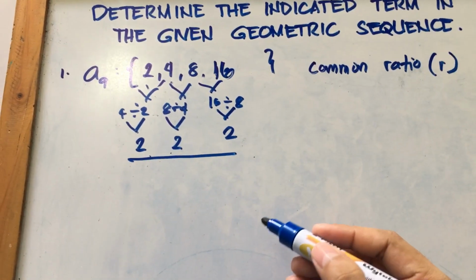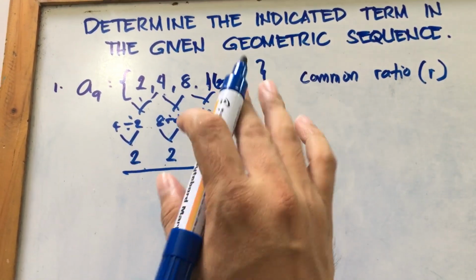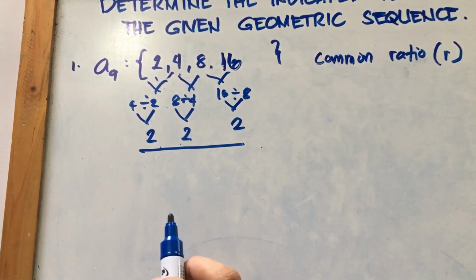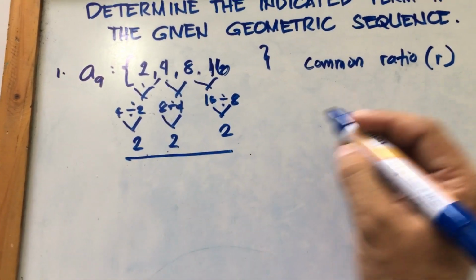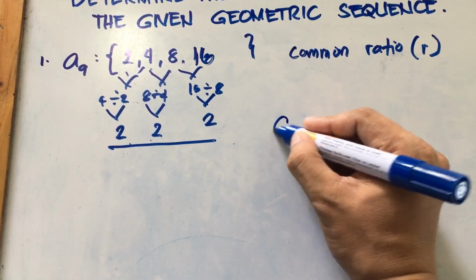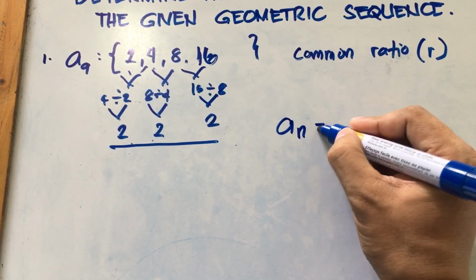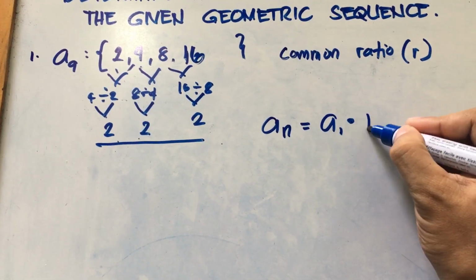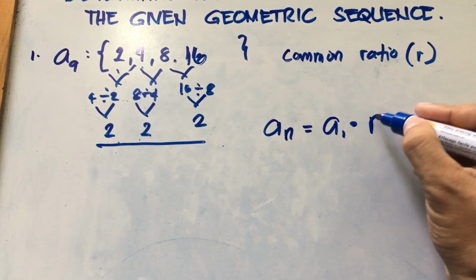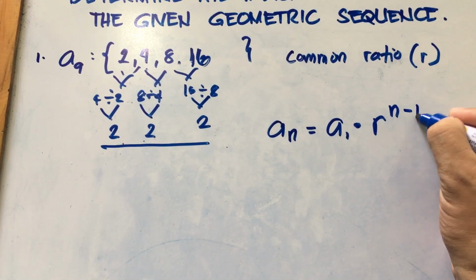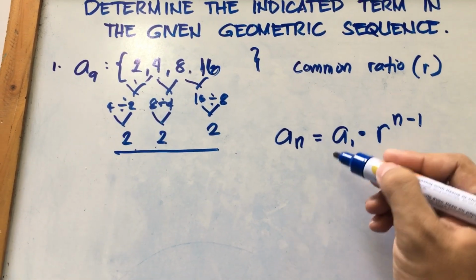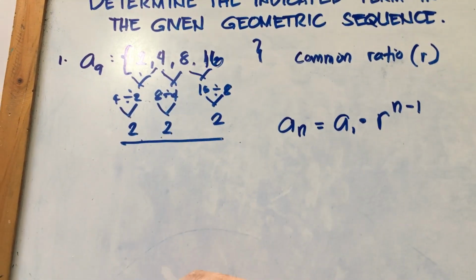Since we need to find the ninth term of this geometric sequence, we will use the geometric sequence formula, which is a sub n is equal to a sub 1 multiplied by r, the common ratio, raised to the power of n minus 1. This is the formula to find a specific term of a geometric sequence.